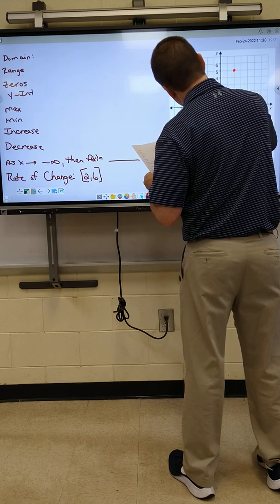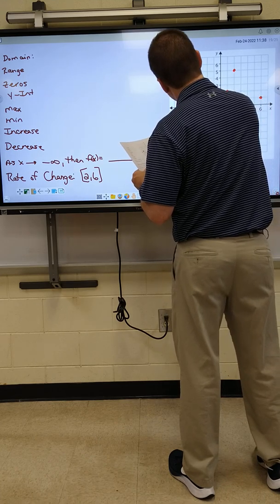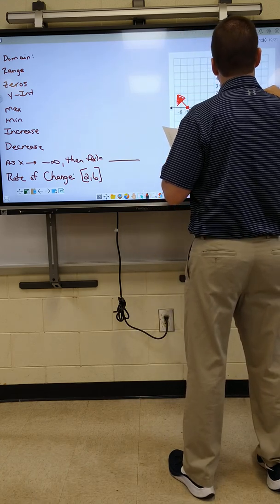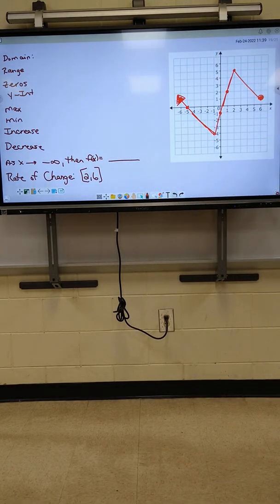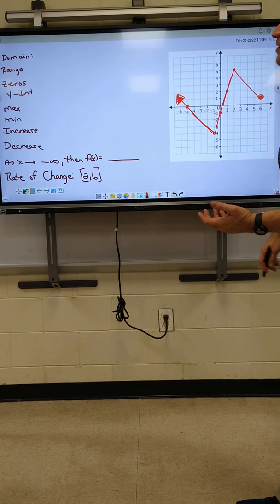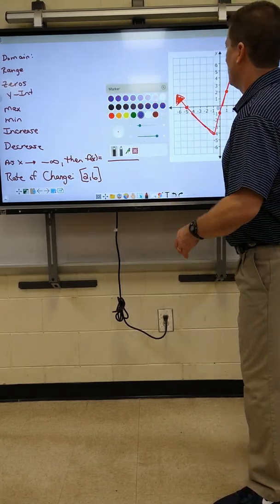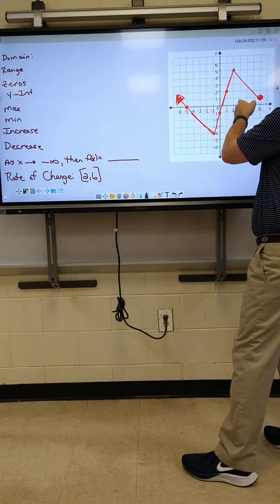All right, let's try it again. Mike, you got the domain yet? Yes, sir. All right, JT, explain to me about the domain. Where do I look? Left to right. So the left of the graph is negative infinity, the right of the graph stops at 6.